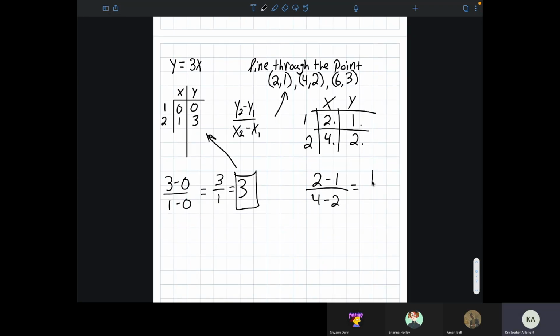So we end up with 1 over 2. So between these, which one is the larger one? Well, the larger number is the larger one. So 3 is going to be the larger one. So we did this just by finding points that we could plug into the slope formula. The slope formula is going to be your best friend when it comes to finding slope, and it works in a lot of cases. So use it, and it's very helpful.